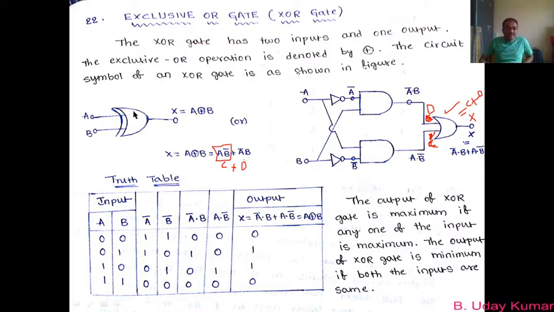So this XOR gate, in simple words, in a simple figure we can draw in this way, but actually the XOR gate in terms of its divided components is equivalent to this figure.